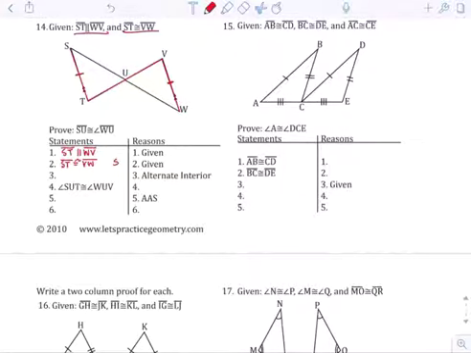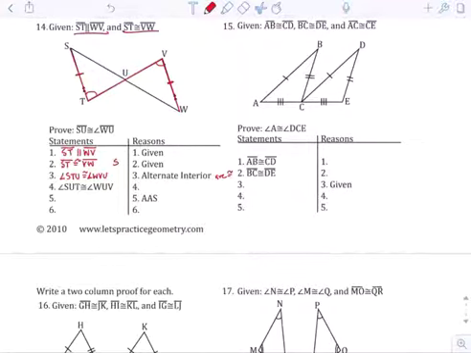So I can see that we can say this angle is congruent to this one because alternate angles are congruent, and that would be angle STU is congruent to angle WVU. STU congruent to WVU. Alternate angles are congruent.